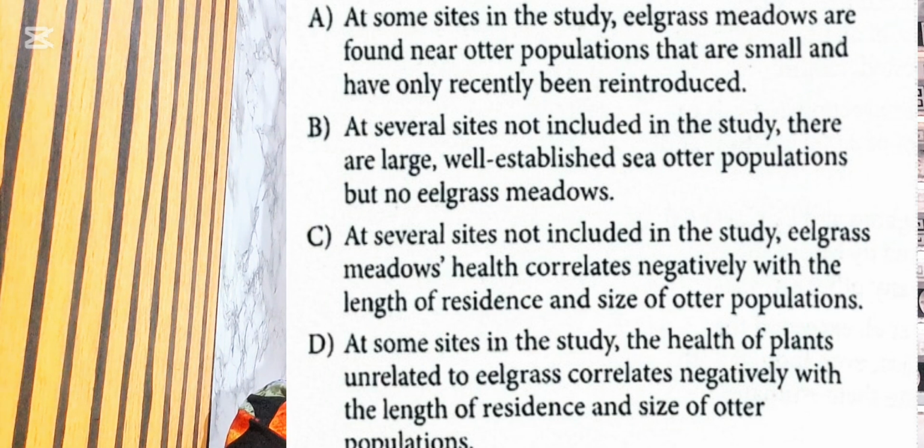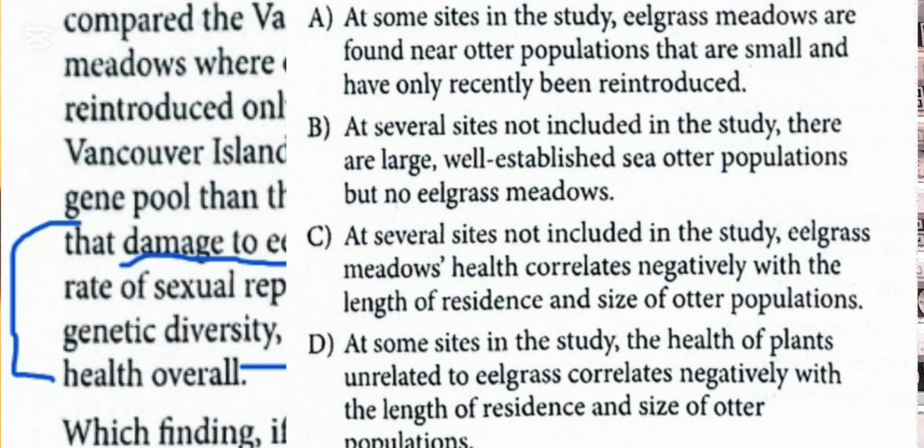Nothing about the health of the meadows, in fact. So this is just one side. They're talking about the otter population responsible for the damage, and it even makes the otter population look very small, which makes it easy to assume that the smaller the number of the otter population, the less damage they can possibly cause. So this answer is both too specific, contradicting, and half complete.